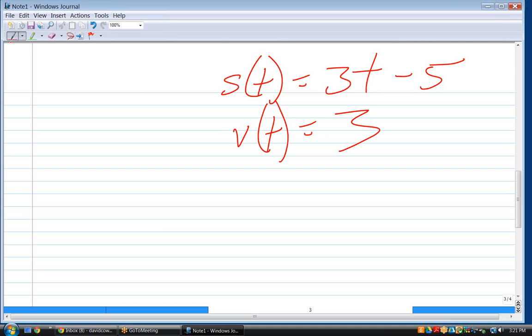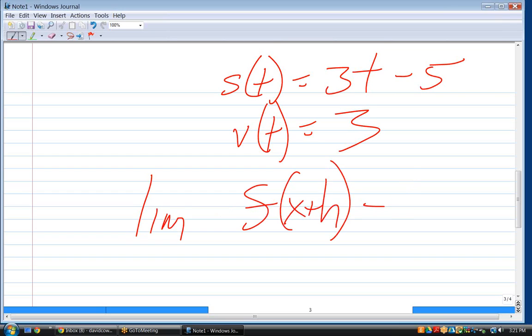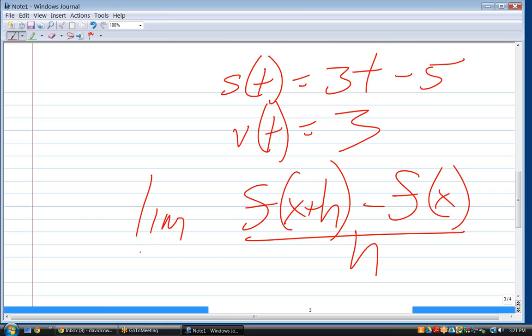Okay, you're talking about the limit of f of x plus h minus f of x all divided by h as h goes to 0. That is the definition of first derivative, and velocity is the first derivative of position.